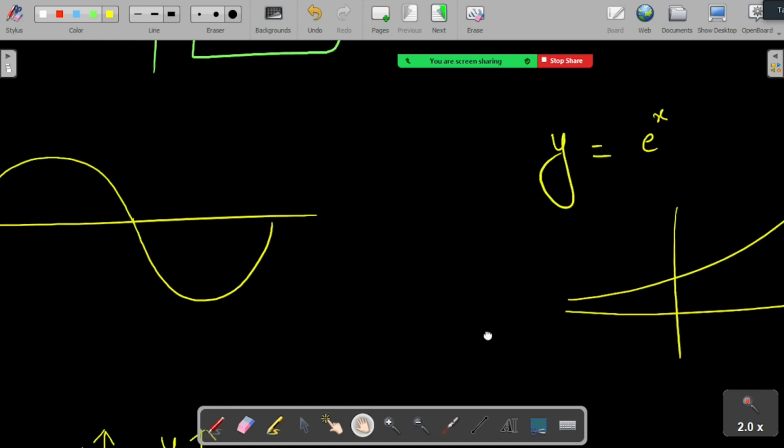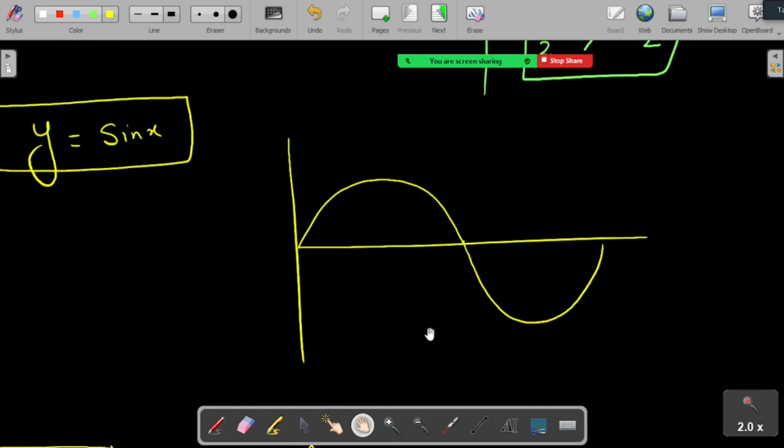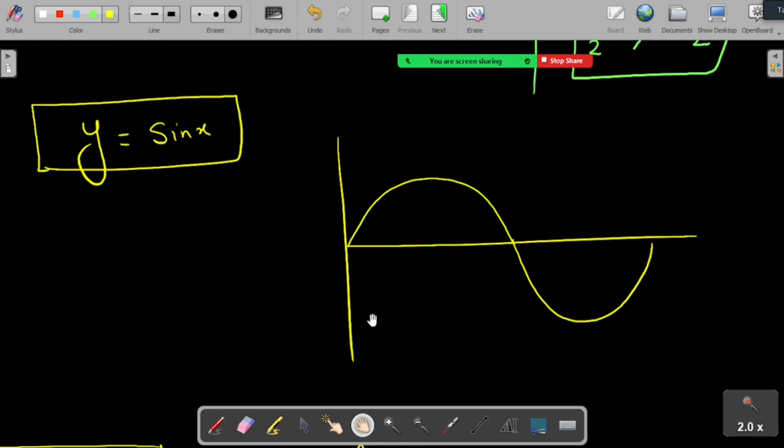But it may also be possible that your function is increasing in some domain and decreasing in some domain. So you should have the idea. For example, this is 90 degree, and this value is 1.